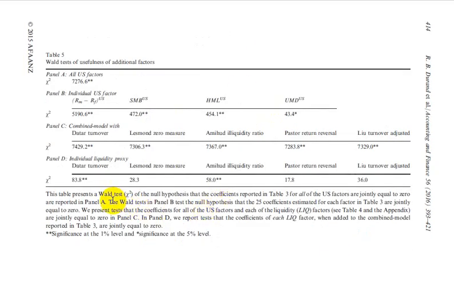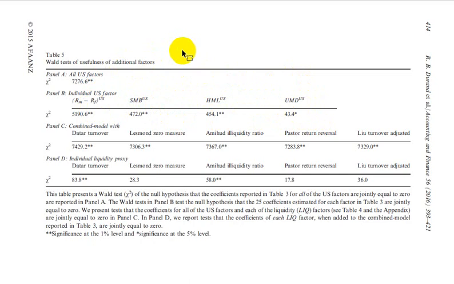So next, the authors do a Wald test to see if the factors are actually significant in explaining the returns in the Australian market, specifically looking at the U.S. factors. And here, since we have the asterisks, we can see that each of the U.S. factors is in fact significant for explaining the cross-section of returns.